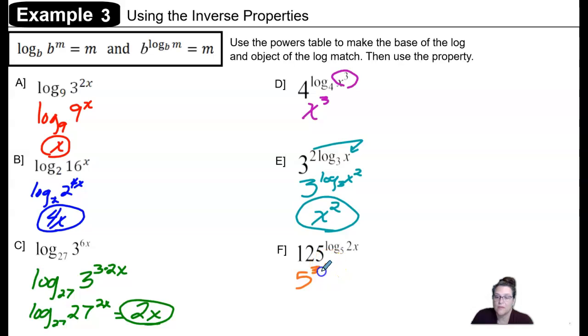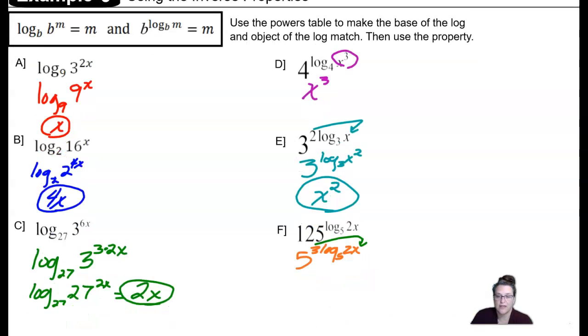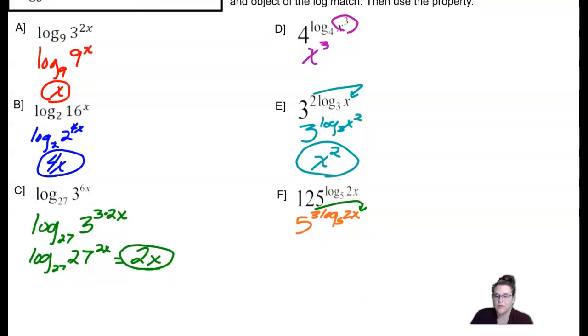And then we still have our log base 5 of the quantity 2x in the exponent. So 5 raised to the 3 log base 5 of 2x. And then we can use our power property to make that coefficient on the log expression into an exponent. And we'll have matching bases now.